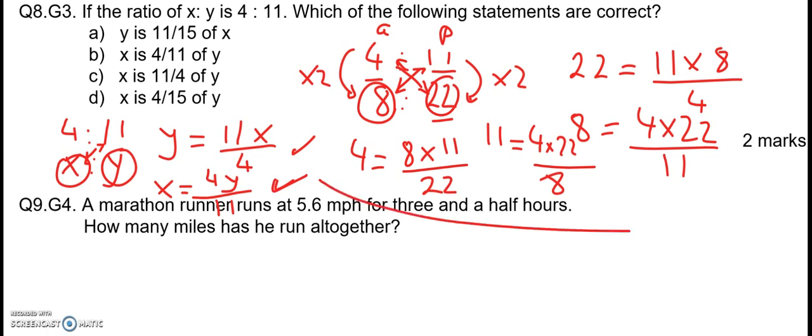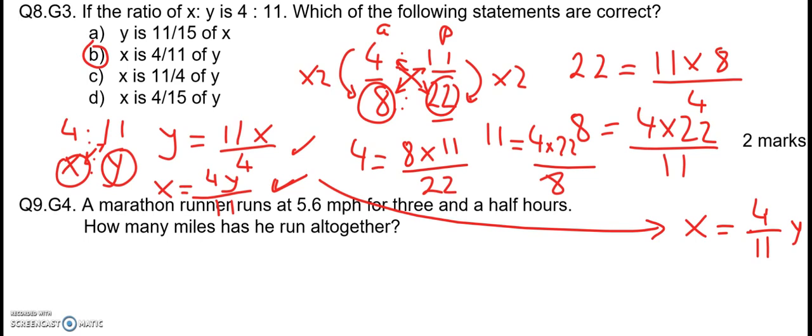the same as x is equal to 4/11 of y, or times y. So it means the same thing. So B is the correct option.